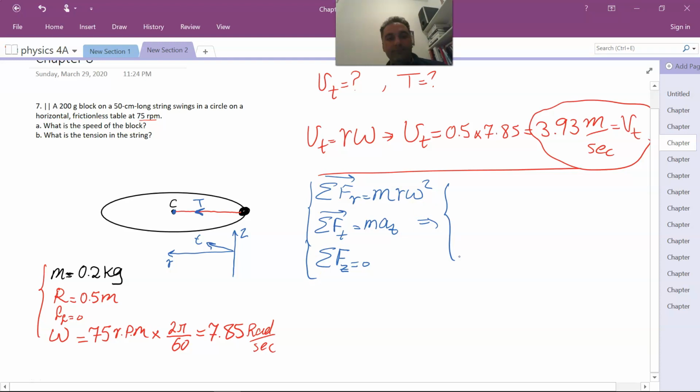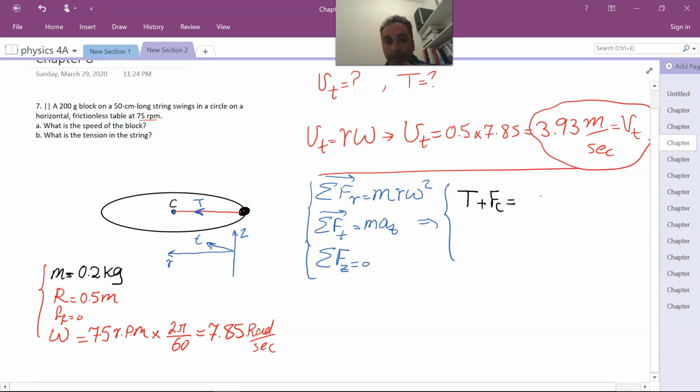Watch it. On the radial axis, how many forces do I have? It's only one. It's only tension. Some students say, okay, we have tension and we have centripetal force equal blah blah.